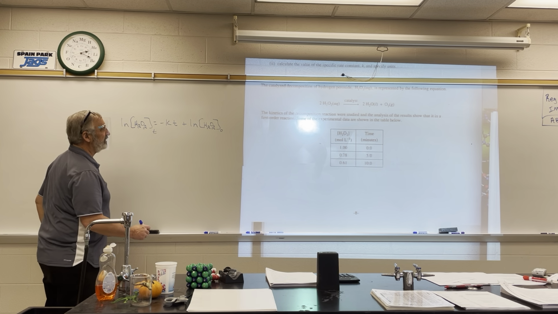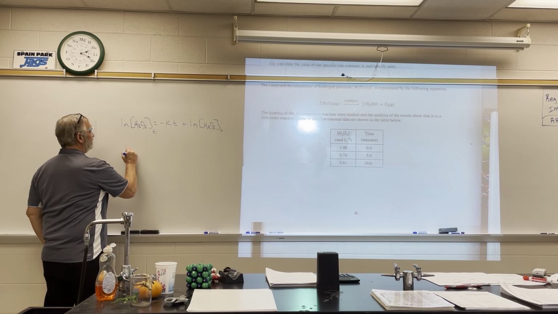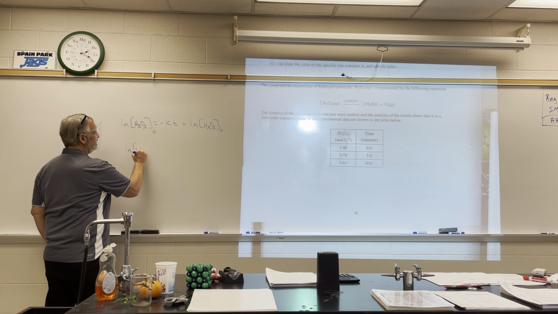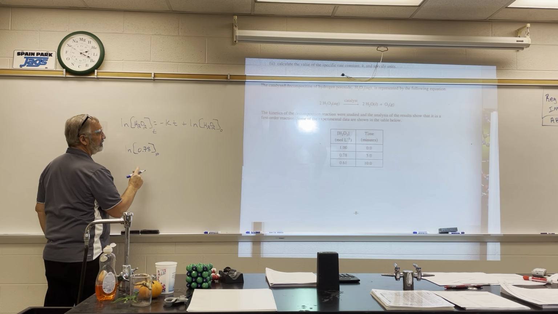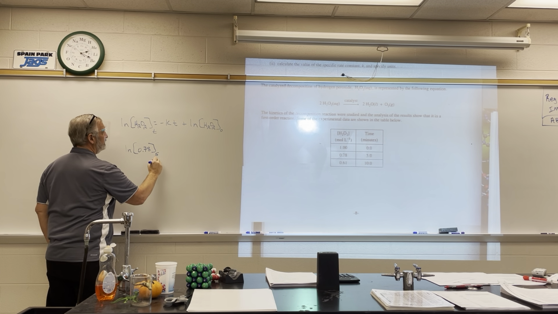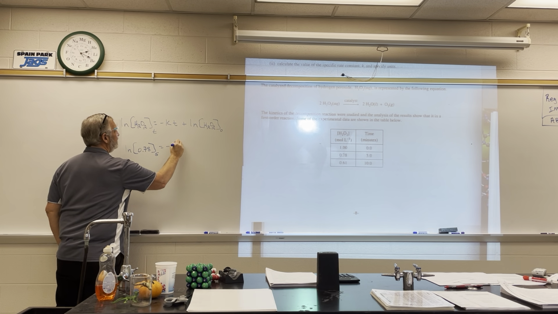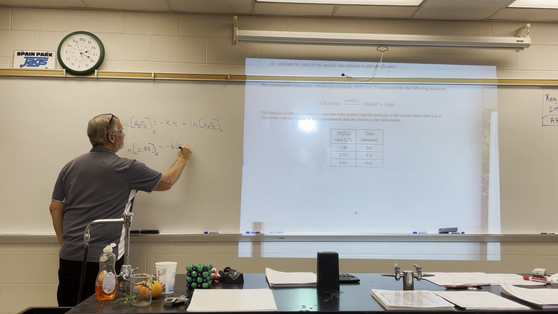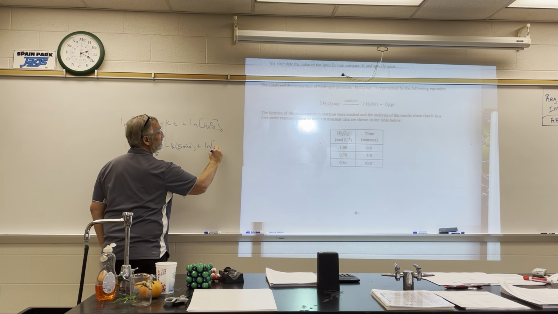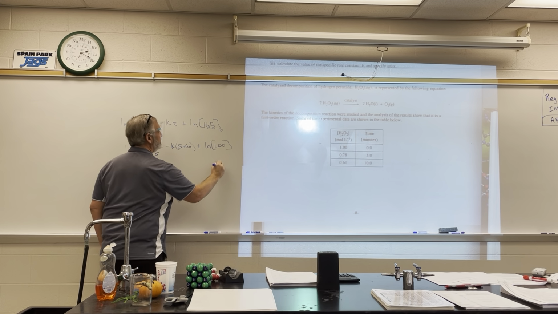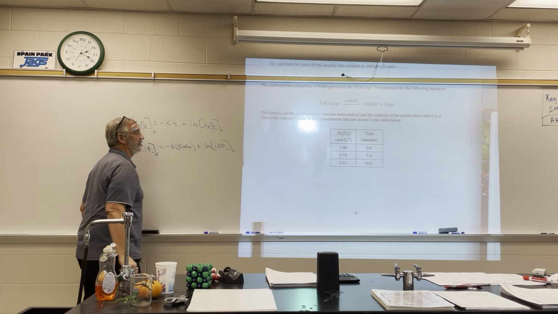So the natural log of H2O2, so we're gonna take the log of the concentration, 0.78. That's at time 5, is equal to negative k times 5 plus the natural log of the concentration at time 0, initial.